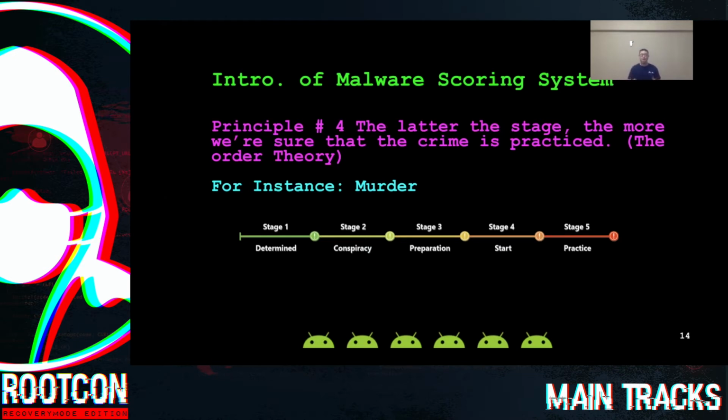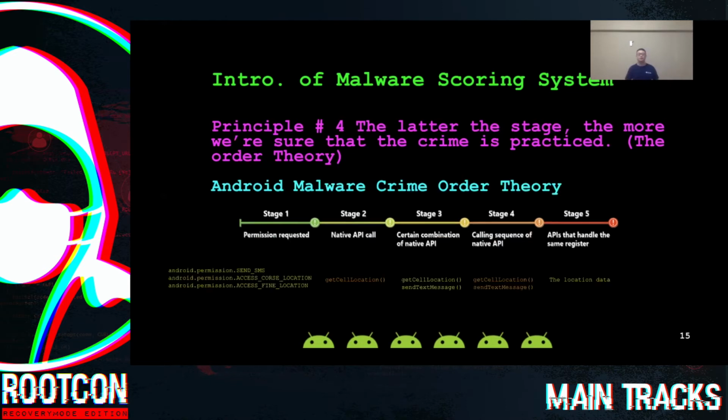So as we can see here, the later the stage, the more we are sure that a crime is practiced. So with the principle in mind, we developed Android malware crime order theory. And in this theory, we also have 5 stages for the crime. For example, if a malware tries to send out your location data by using SMS, in stage 1, we will check if the related permission is requested by the malware.